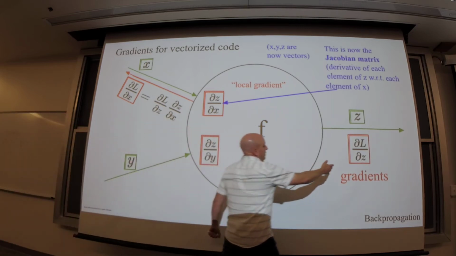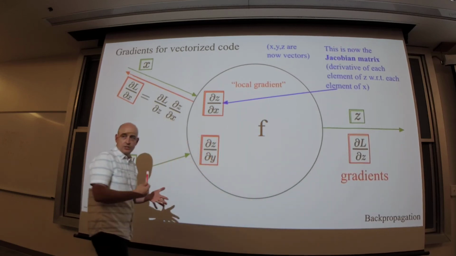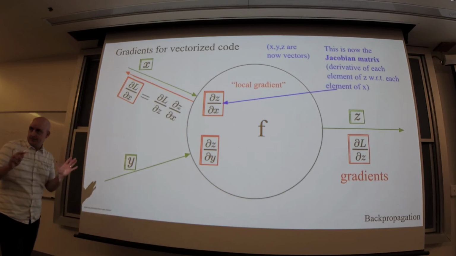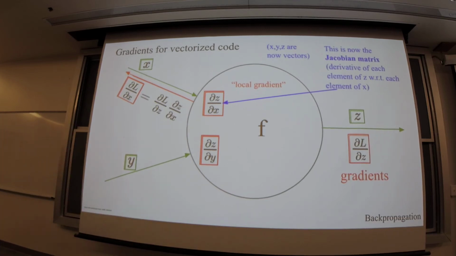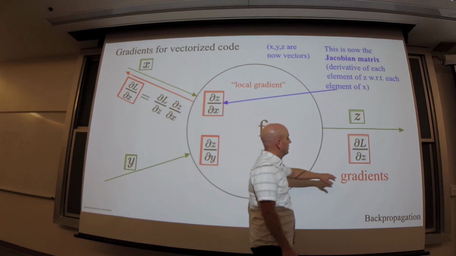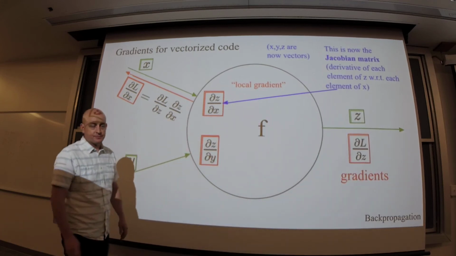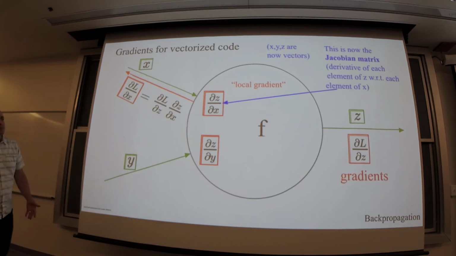So, upstream gradients. Our loss is still going to be a single scalar value. Losses always are a single scalar value. You're going to have one measure of how well we're doing. But you're now taking the gradient of that with respect to possibly many outputs, and so the partial of a scalar with respect to a vector ends up being a vector.